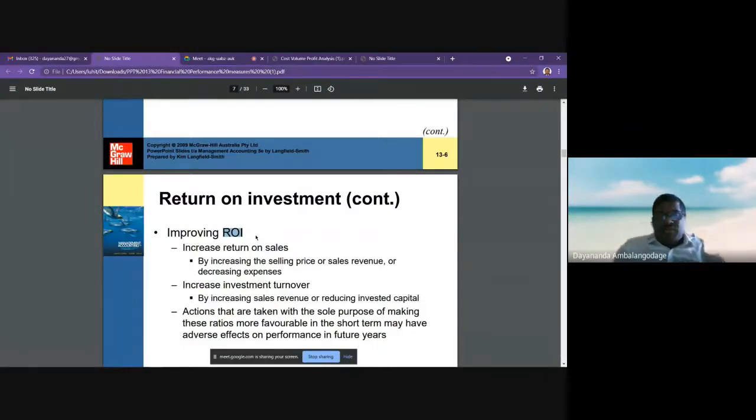Even though there is not that much return on investment percentage, you may negotiate, you may have a network with your accounting people and relevant parties to manipulate the ROI.